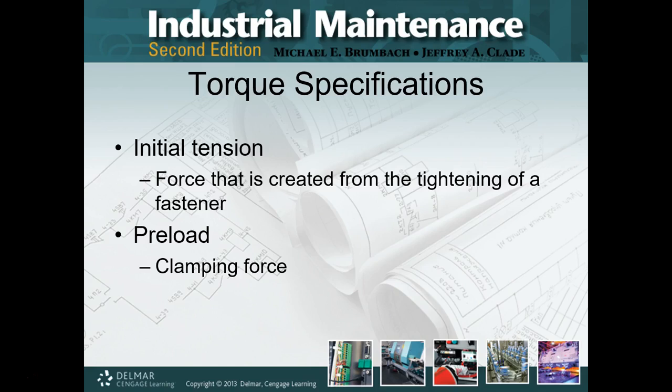If we do not have enough internal force, notice I said internal, not initial, within our fastener, those two pieces of metal, the two pieces of our machinery, are going to be able to move about. They're going to shift. And that shifting could be very, very bad depending on the operational stress loads that the machinery creates. So we want to make sure that we prevent that movement.